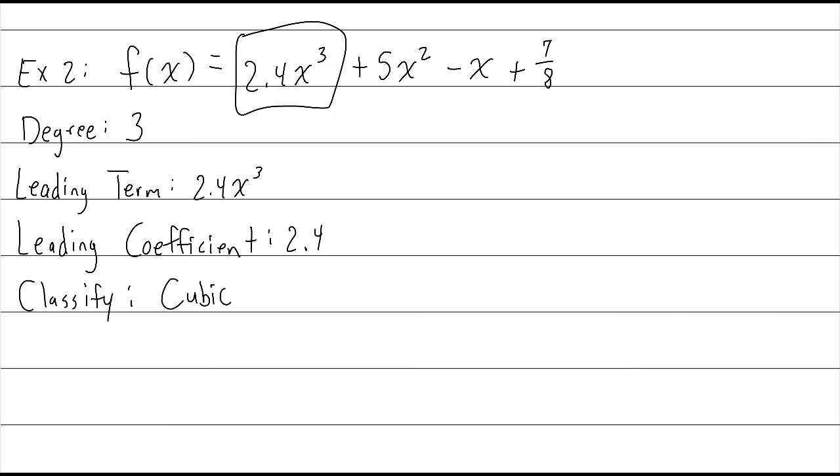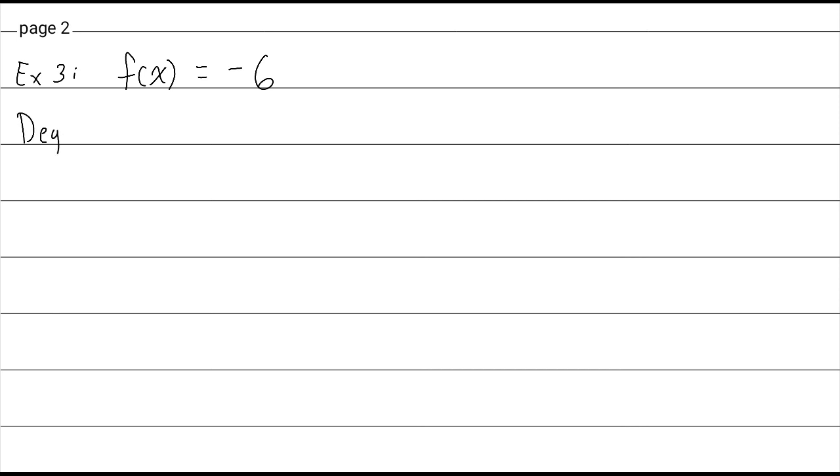Let's do another one. A little bit more challenging on this next one. All right, so this one's meant to be a little confusing just to make sure we got it. All right, so I'm going to write down what we're looking for. Degree, leading term, leading coefficient, and we're going to classify it.